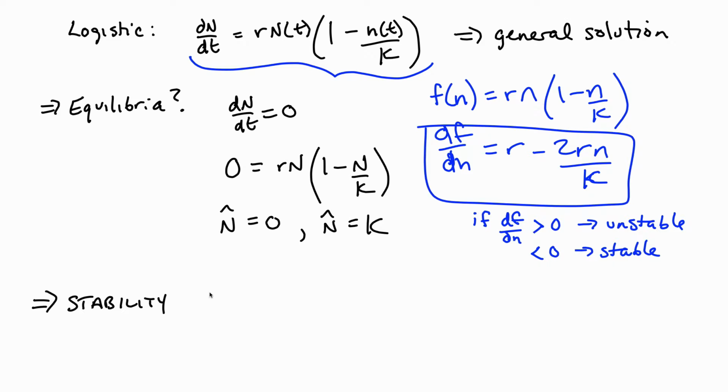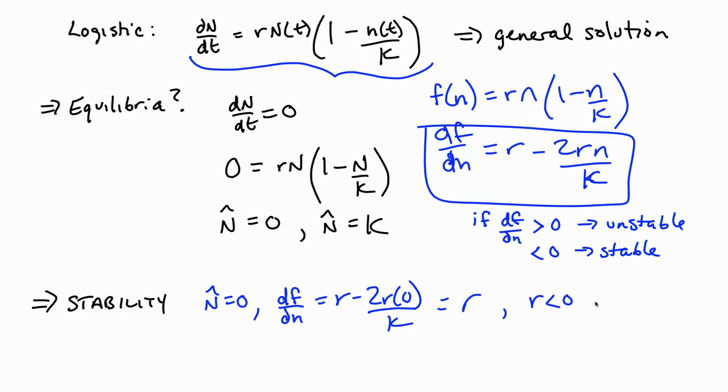So for the logistic, at the n is equal to 0 equilibrium point, df by dn is r minus 2r times 0 over k, which is just r. So if r is less than 0, the 0 equilibrium is stable. If r is greater than 0, the 0 equilibrium is unstable, right?